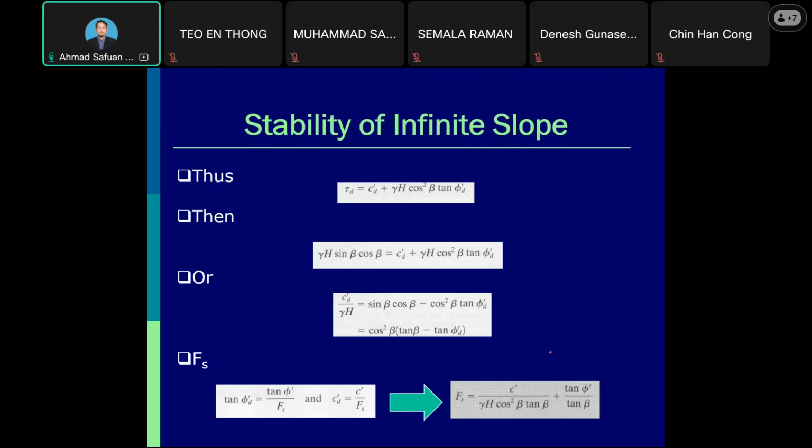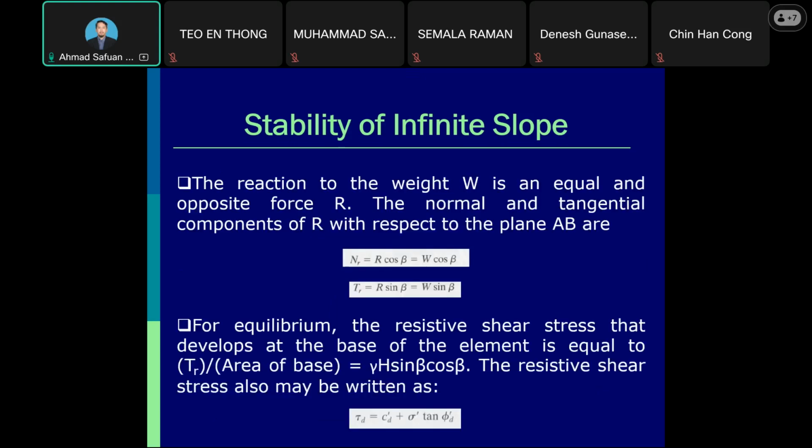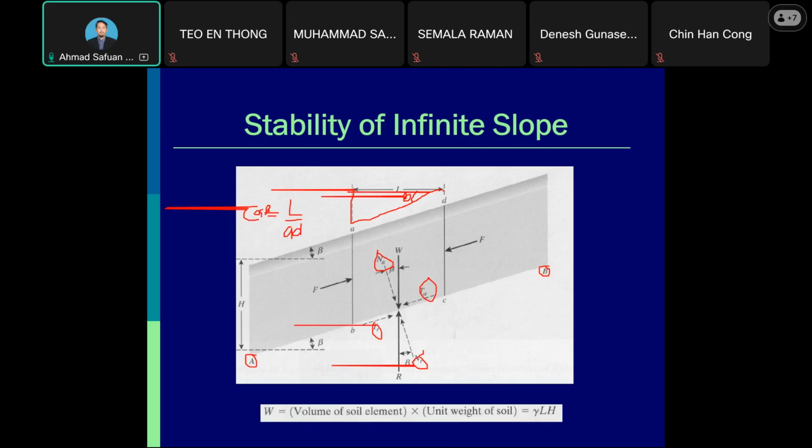So this is the simplified approach, where the derivations work for the slope where the groundwater is far from the slope surface.